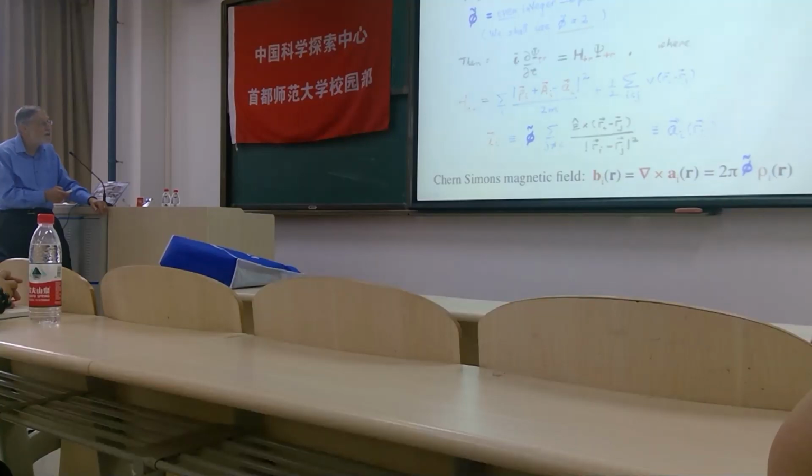It's a phase factor that depends on the relative angle between these two, and we take this to some power, which will be just 2 for us. It has to be an even integer, so that when I interchange two particles, it doesn't change. So it preserves the Fermi statistics.